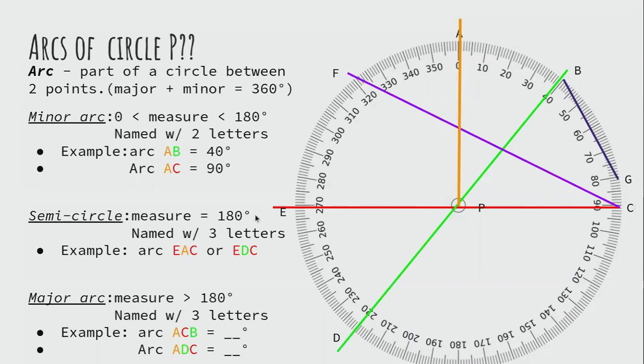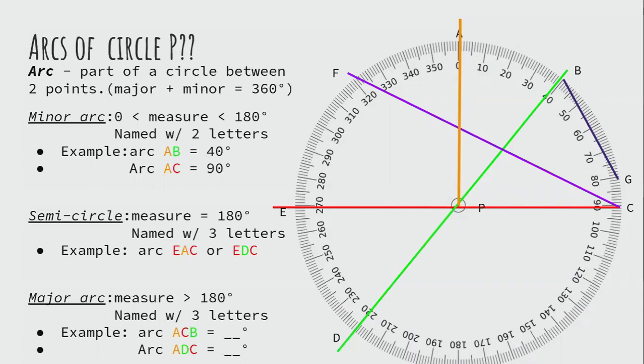In the example, the arc starts at E, goes past A, and ends at C, so you know you are talking about the top portion of the circle. Or you could start at E, go past D, and end at C, which means you are talking about the bottom portion of the circle.